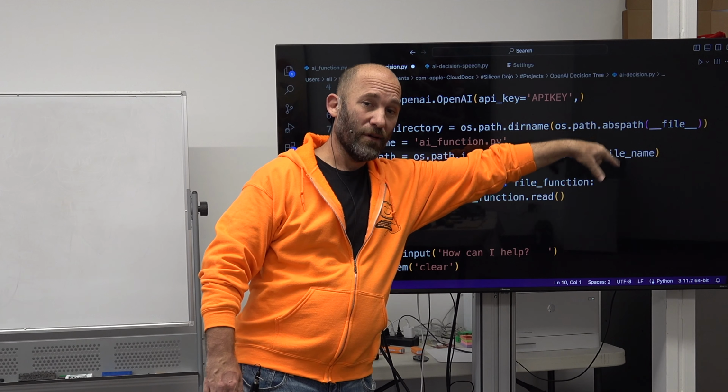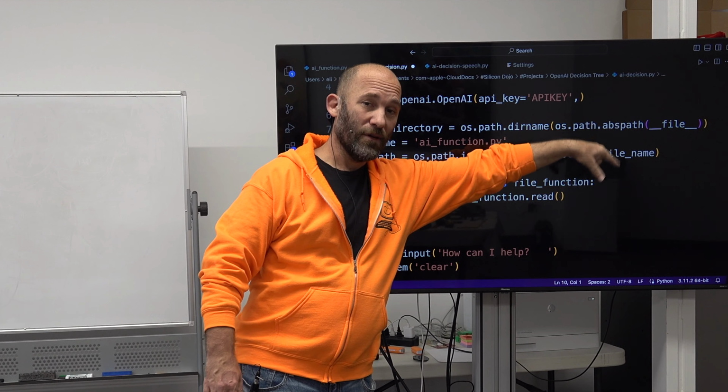We want the current directory that we're in because basically this script is running here and we need to open up this AI function script that's in the same folder. Now, do remember again with Python, your root directory is almost always going to be the user home directory. So if you don't do this, you would have to put the AI underscore function in the user root directory too. That'll just be a mess.